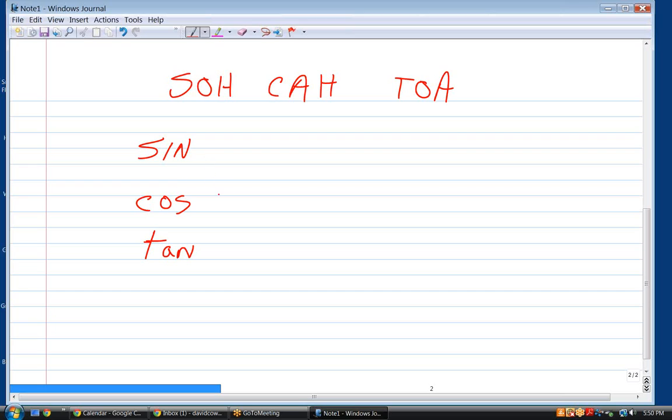Well, to remember which of the other three go with these three, start with tangent. What's going to be the reciprocal of tangent from between cotangent, secant, and cosecant? Take a wild guess. Secant? No. Cotangent. Oh.